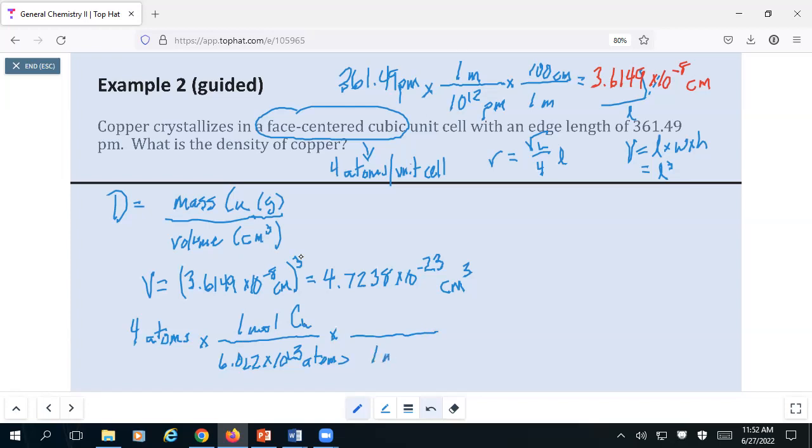And each mole of copper weighs 63.55 grams. So 4 times 63.55 divided by Avogadro's number, to 4 significant figures, 4.221 times 10 to the negative 22nd grams.